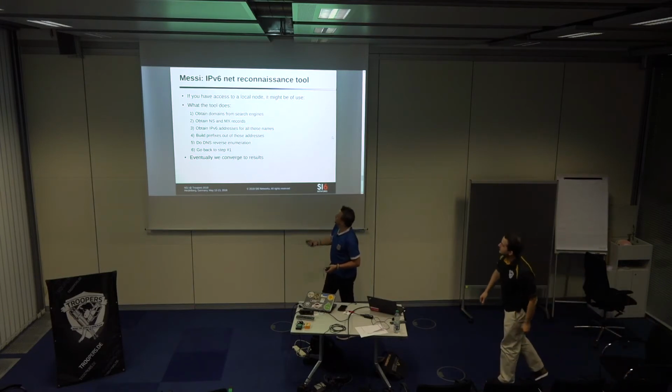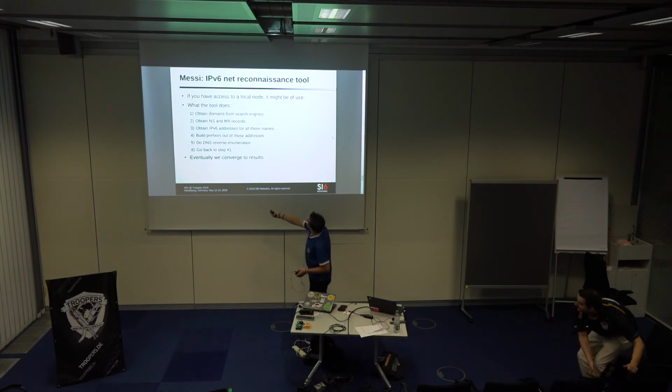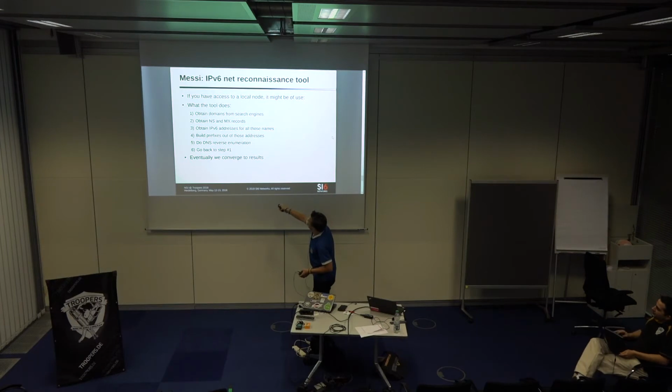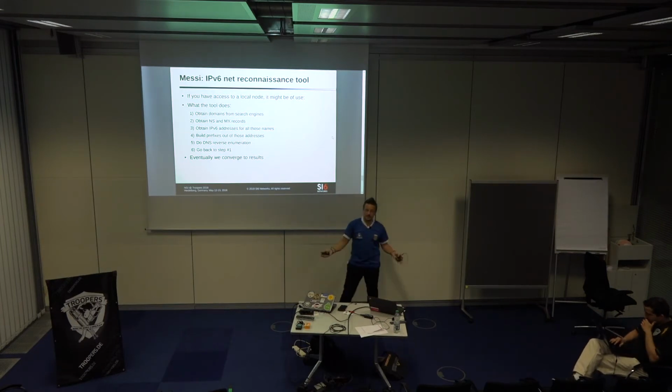At this point, you at least have some number of domain names: the ones that you got from the search engines, and the ones that you got from the MX and NS records. Once you have domain names, you can of course get IPv6 addresses for those.